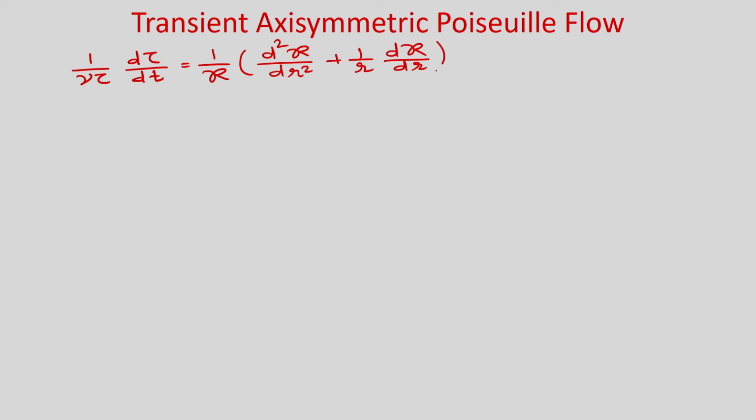If you write it that way, you can write 1/(ντ) dτ/dt on the left, and on the right (1/R)(d²R/dr² + (1/r) dR/dr). You can see the left hand side is a function of time only, and the right hand side is a function of r only.